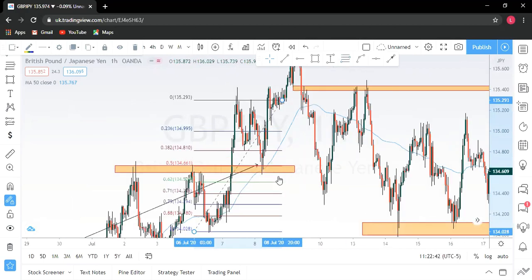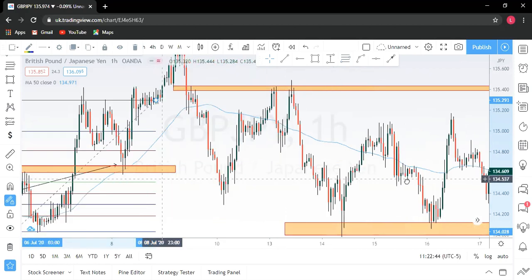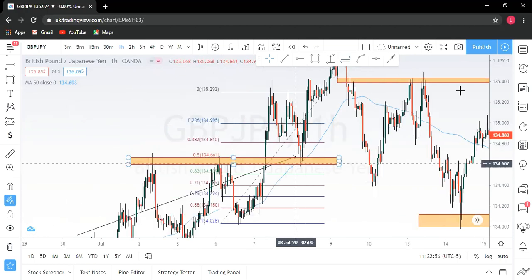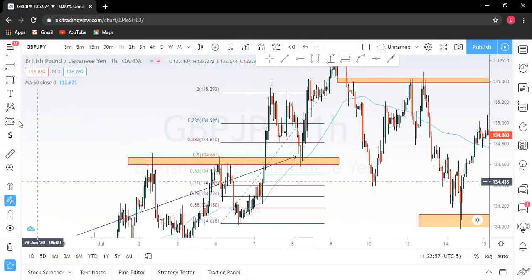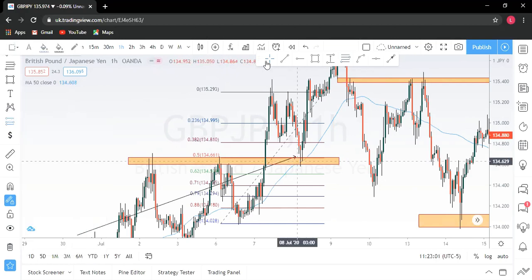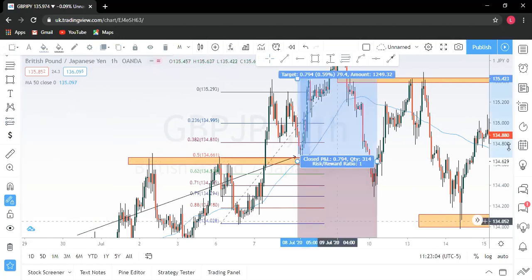Can you see? It actually falls in our 0.5. A pin bar at 0.5 shows that there is nothing that could stop this from a buy. You just take your long position from there, then to the next resistance.